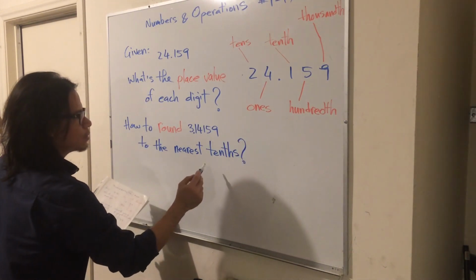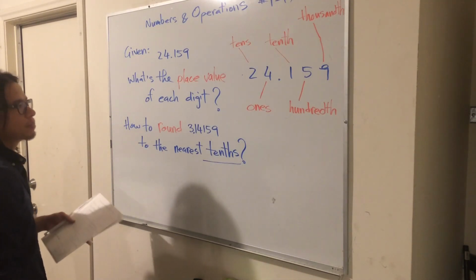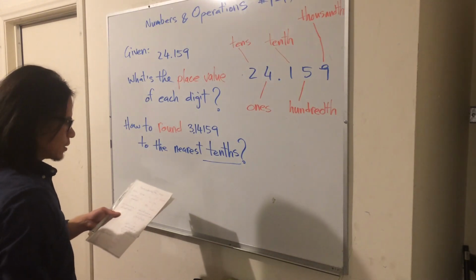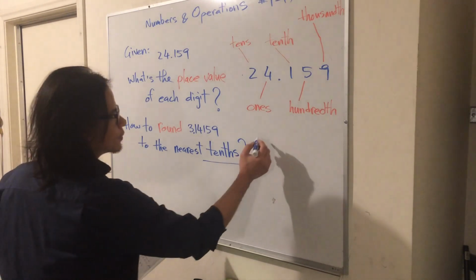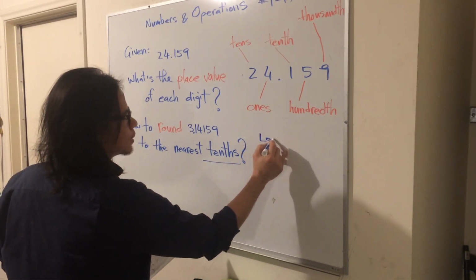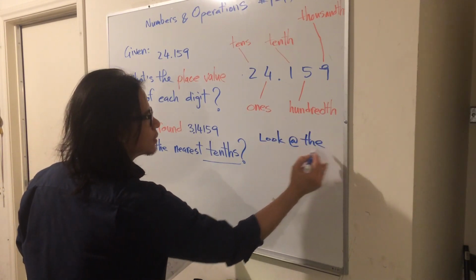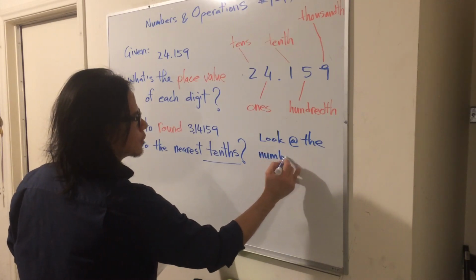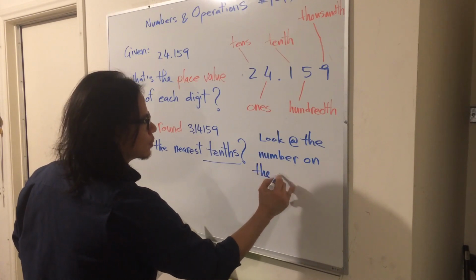Okay, so in your question, if it helps, underline the place value that we're trying to round your number to. Okay, so let's look at the number on the right of the tenth place. So first, the key is to look at the number on the right.